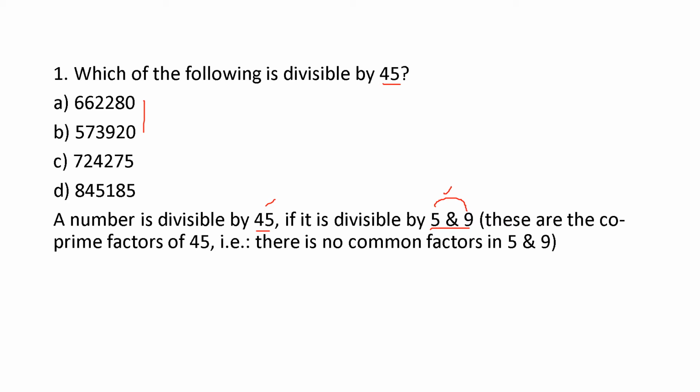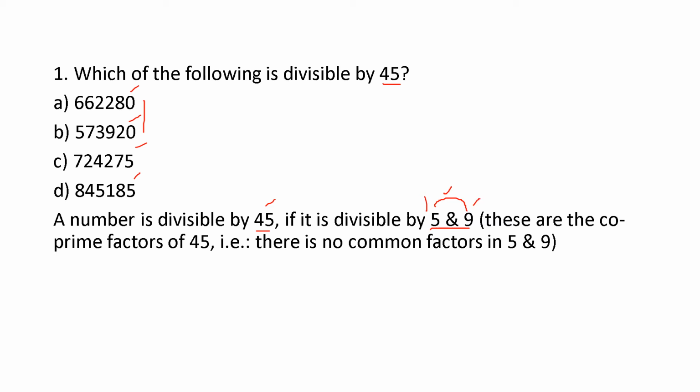Now, we know how to find whether a number is divisible by 5. The digit at the unit portion should be 0 or 5. So all the numbers are divisible by 5. Then we have to check whether the number is divisible by 9 or not.